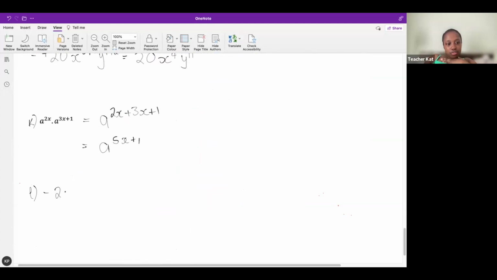So I'm going to say negative 2x squared y to the power of negative 4, y to the power of negative 9, times 3x to the power of 9.